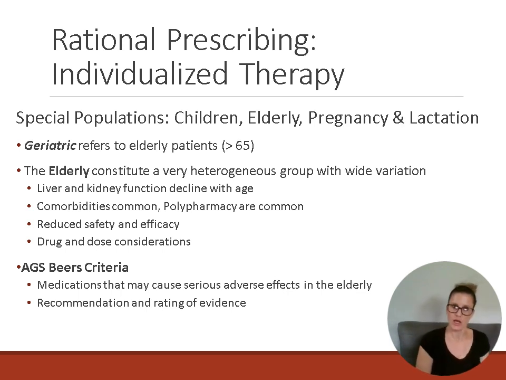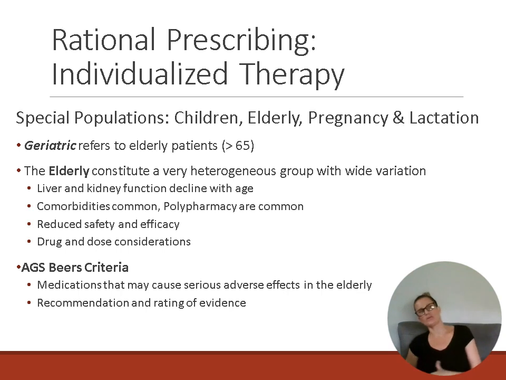Older patients represent another special population. The term geriatric refers to elderly patients. The technical definition of geriatric is greater than 65 years old, in the text. Some sources use 70 years of age as the cutoff.